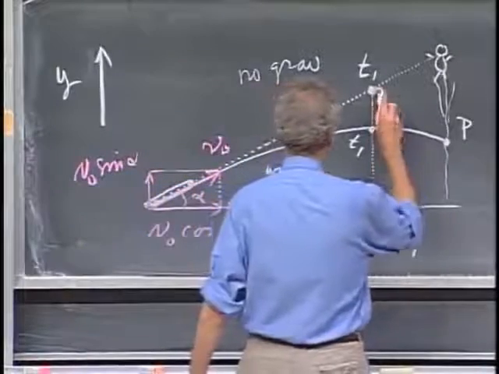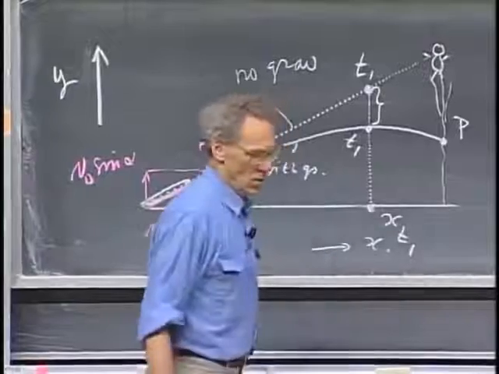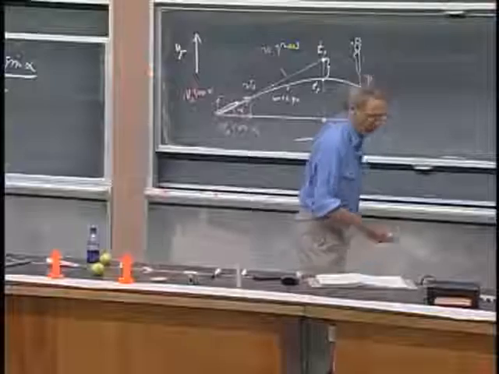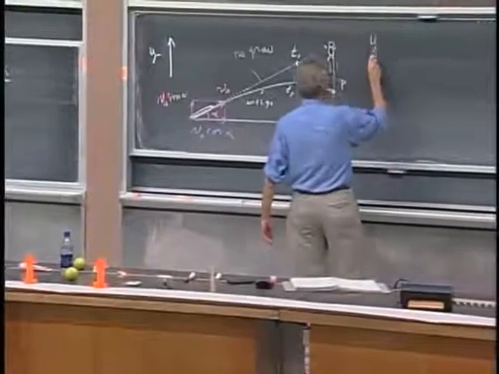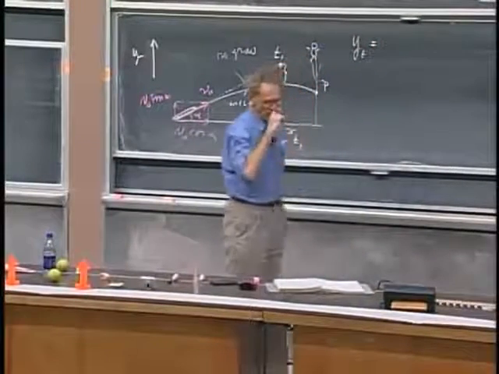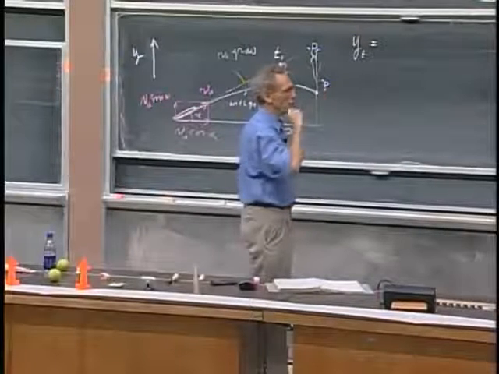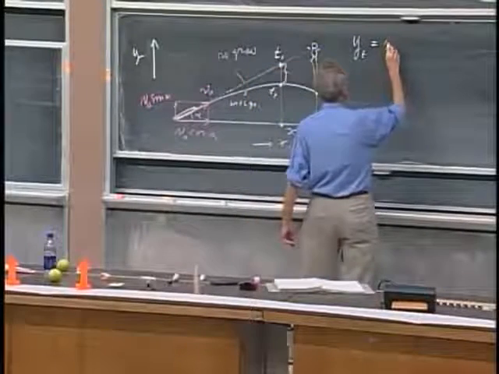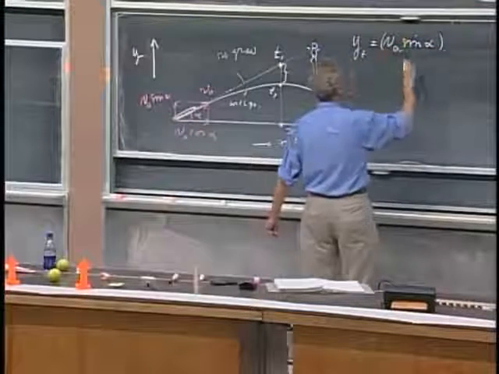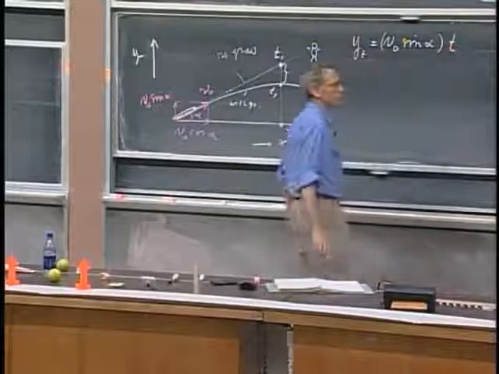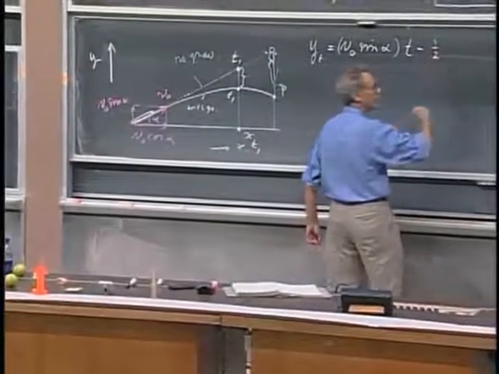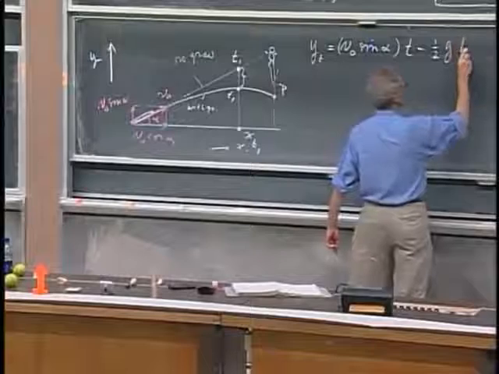What is this difference? Well, that is the difference between the equation with gravity and without gravity. And y, as a function of time, you can look at equation number 3 there, if you can still see it, equals v0y, which is v0 sine alpha, time t, minus 1/2 g t squared.